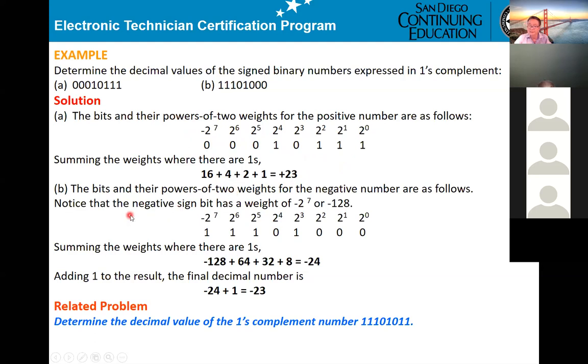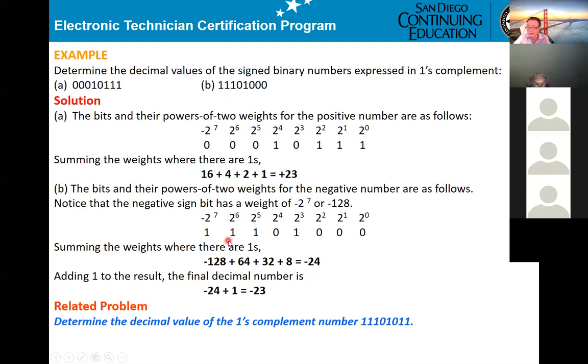The bits and their power of 2 weight for the negative number are as follows. Notice that the negative sign bit has the weight of minus 128. That means the first one here will be times 2 to the power 7. However, it is negative, so that's why you get minus 128.